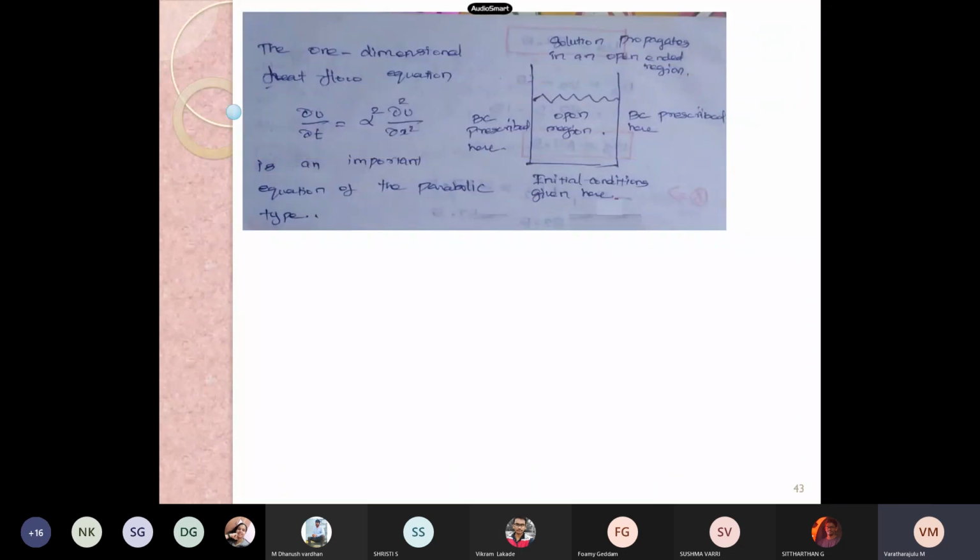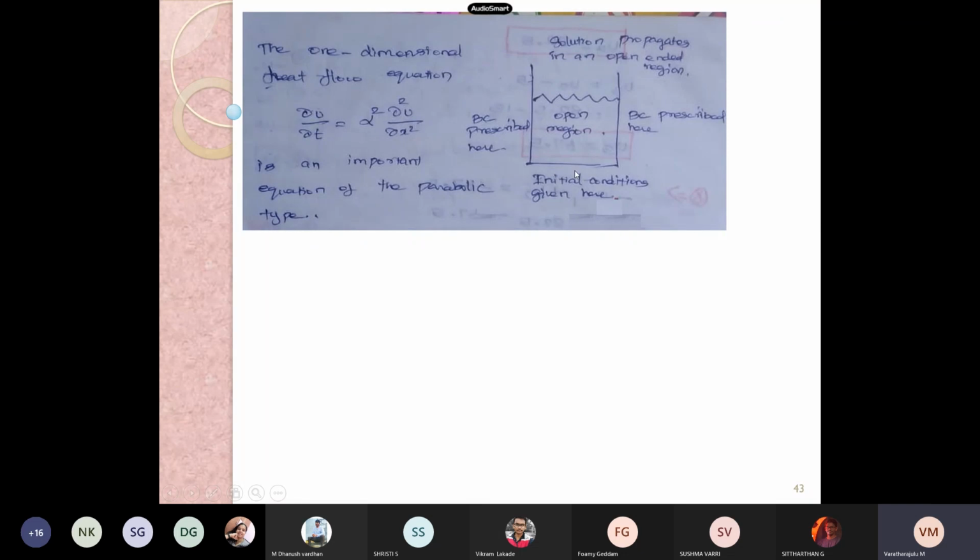See the one dimensional heat flow equation. We have various boundary conditions on the left boundary, the leftmost vertical line, as well as on the right vertical, and we have some initial conditions.